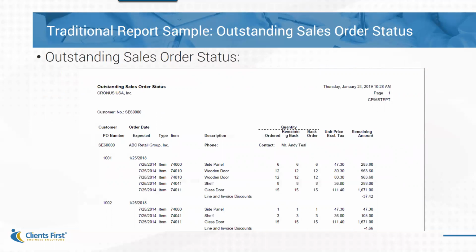Here, this lists customers, items, and their expected shipment date. It generates an action of perhaps why aren't these items shipped, and it could eventually have staff looking into the possible reasons.